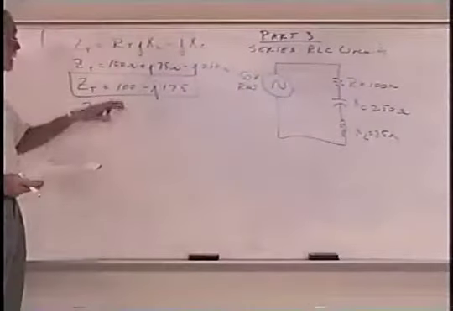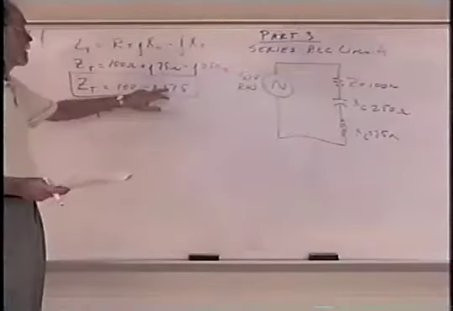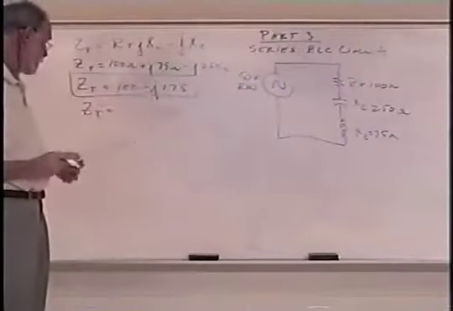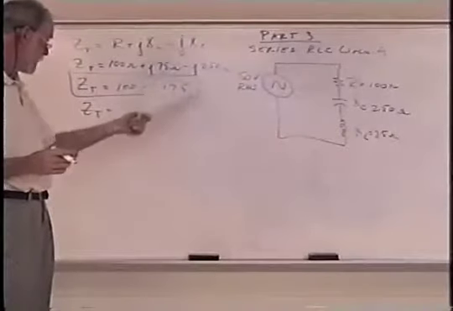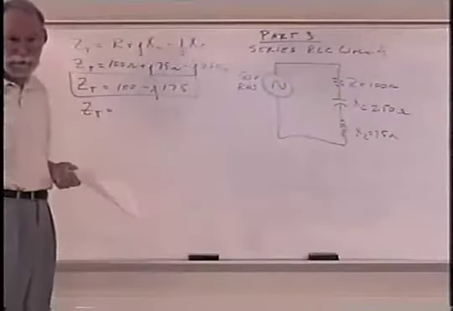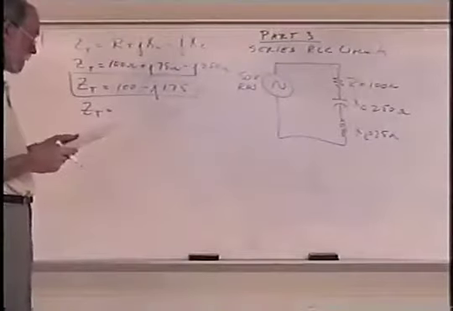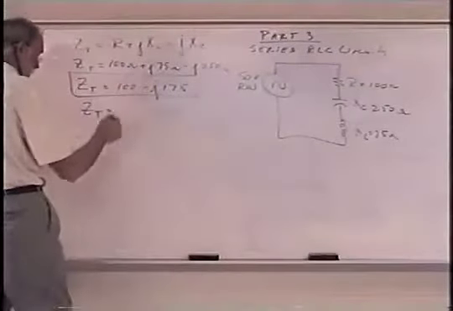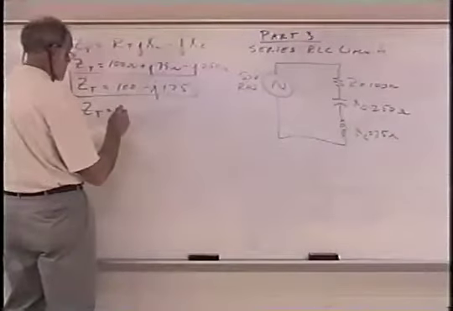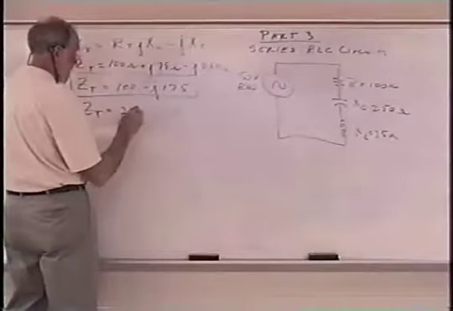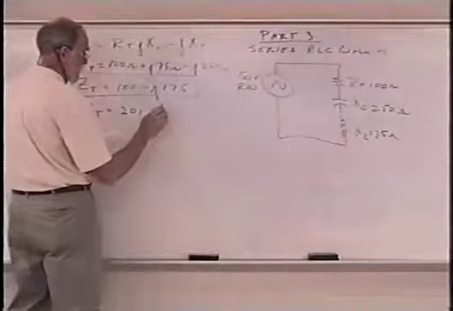To get the magnitude, I take the square root of the sum of the squares. So 100 squared plus a negative 175 squared, and that'll turn out to be a positive number. Then I take the square root of that sum, Pythagoras' theorem, and that gives me 201.6.